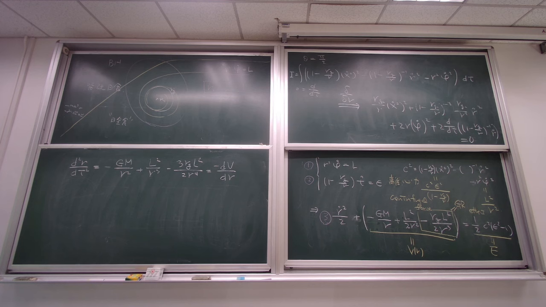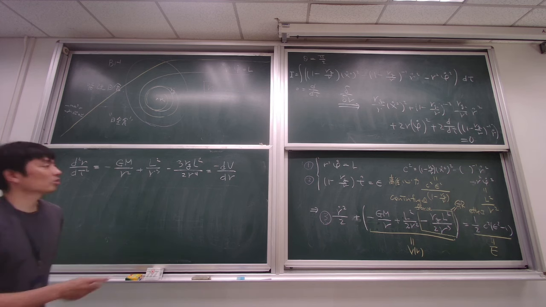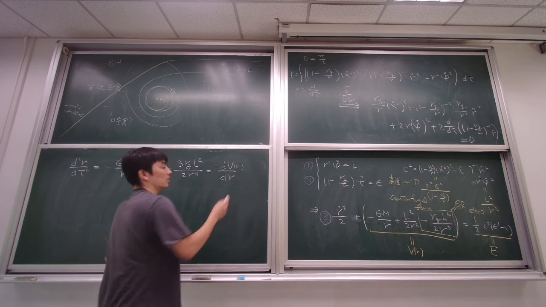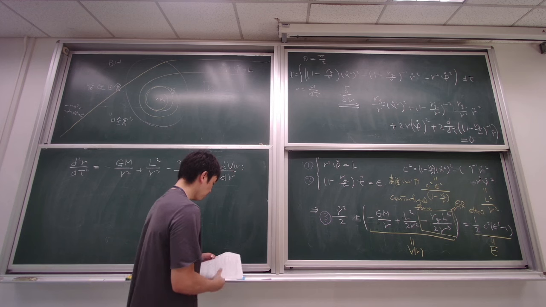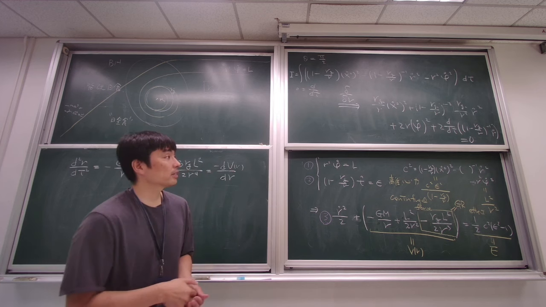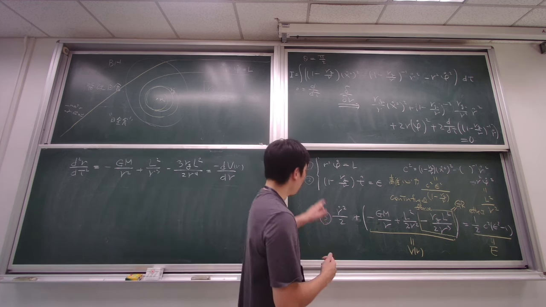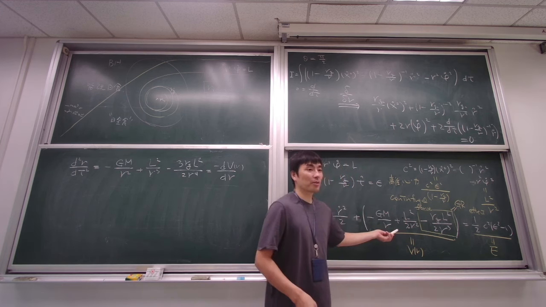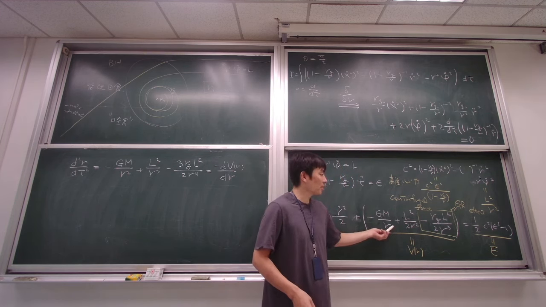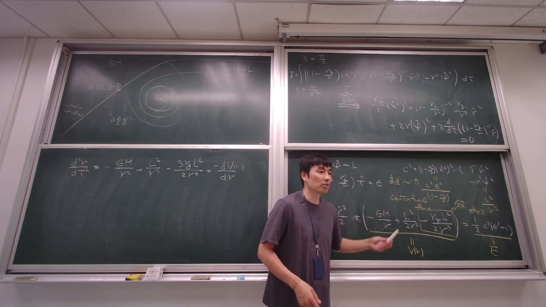Is there some mistake? So this is the equation. So if you plug this 1, 2, 3 into here, in fact you will get the tau derivative of this guy. Okay, the derivative of this equation.